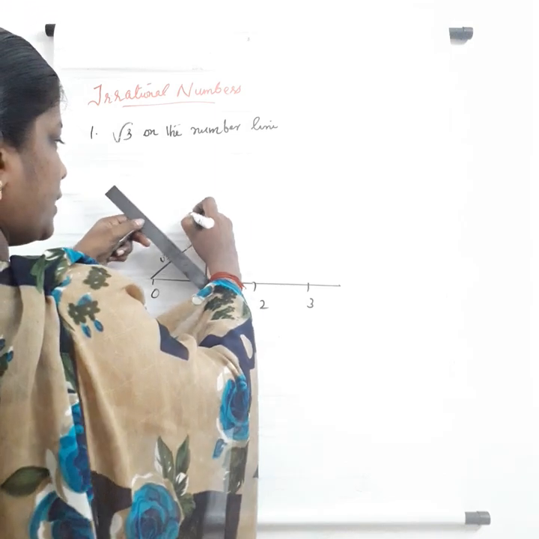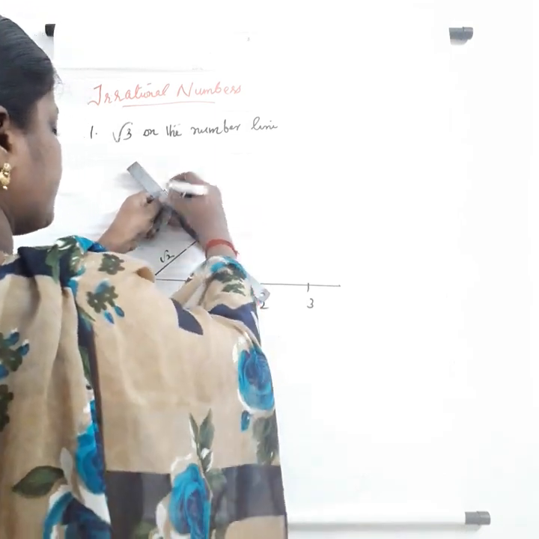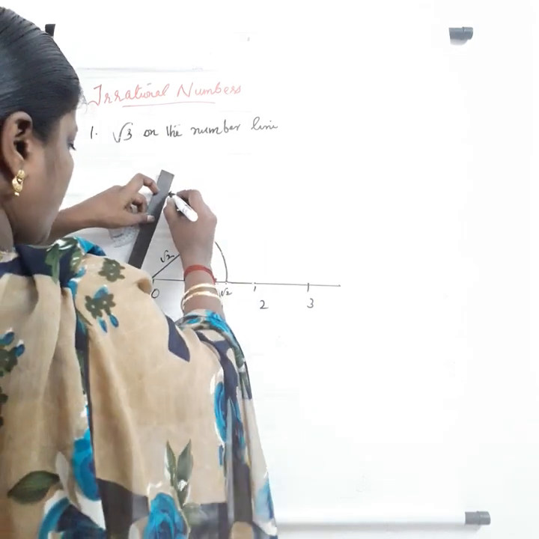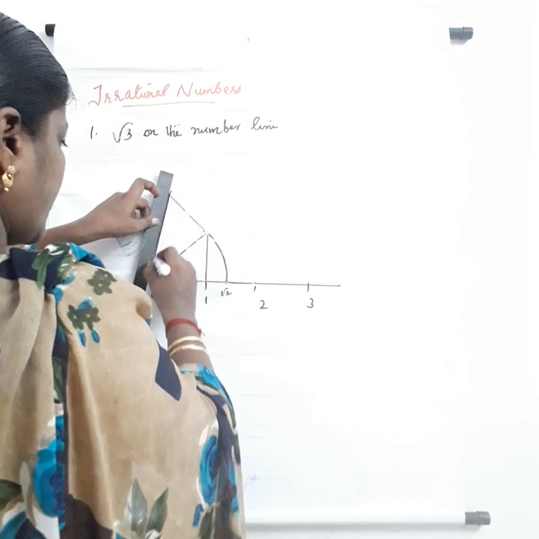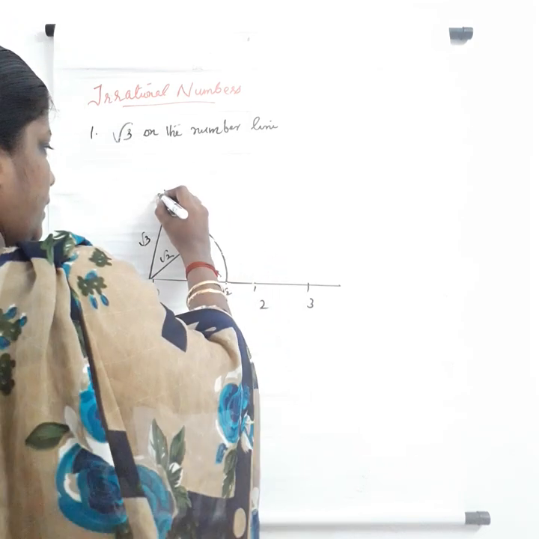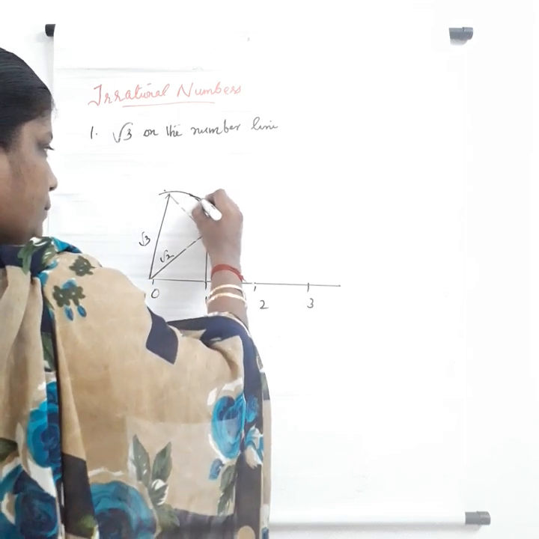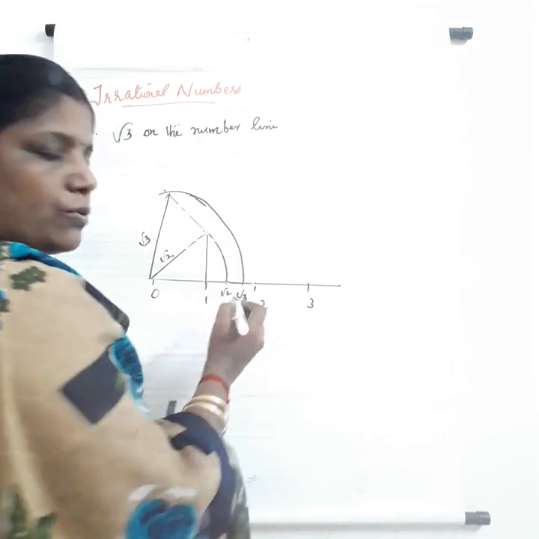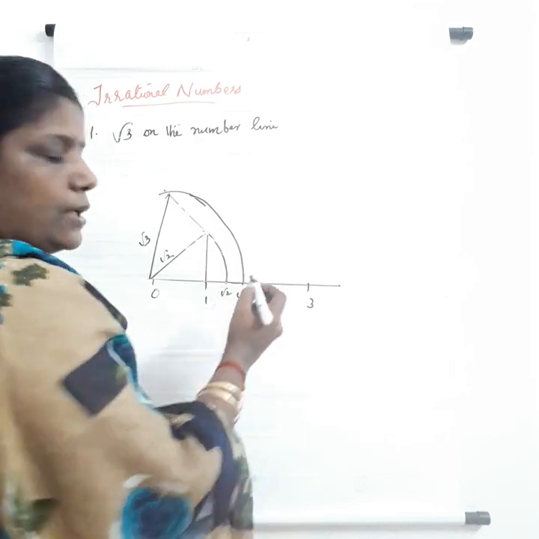Then you will get a point here. You extend that point, take 2 units. That 2 unit point to 0 you can draw. Then this is root 3. Then we can draw one arc from here. So this point is root 3. The value of root 3 is in between 1 and 2.